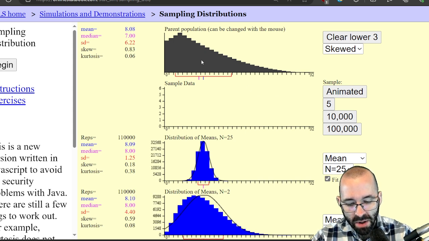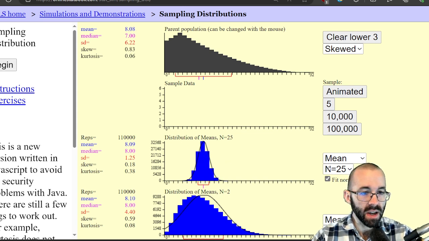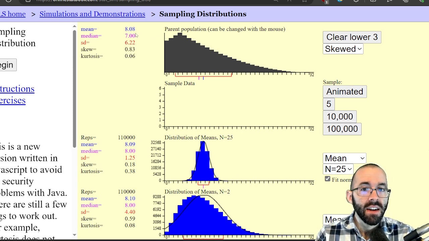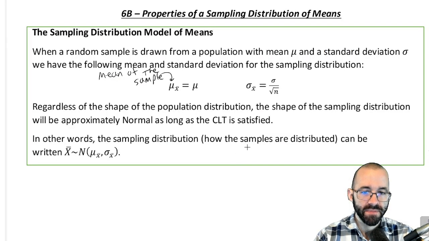The mean of the population was 8. The mean of our sampling distribution with a big enough sample size was also 8. The sampling distribution, which is all the averages from our samples of 25, has the same mean as the parent population. This blue line is in the same spot.